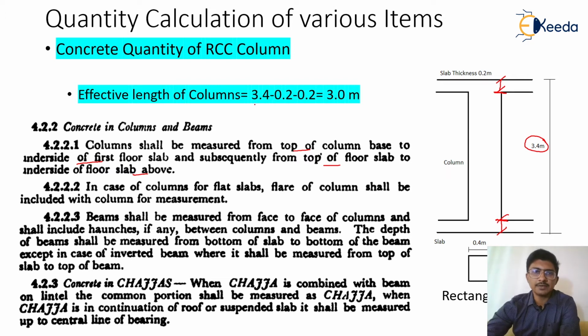That is, 3.4 meter is the total height from the bottom of the slab to the top of the slab. From that, 0.2 is the slab thickness I'm deducting from the top and from the bottom. So I'm getting 3.4 minus 0.2 minus 0.2, that is 3 meter, the effective depth of this column, with which we are going to calculate the quantities.